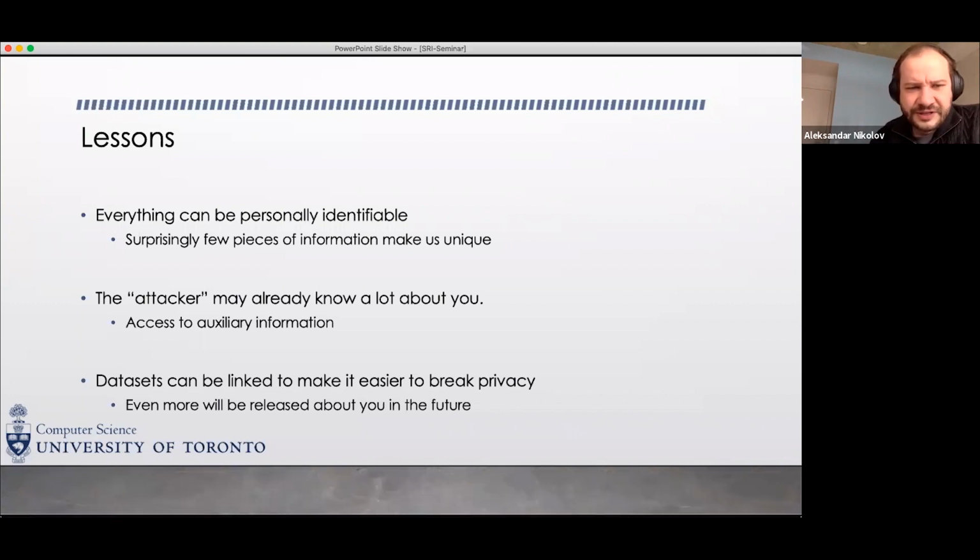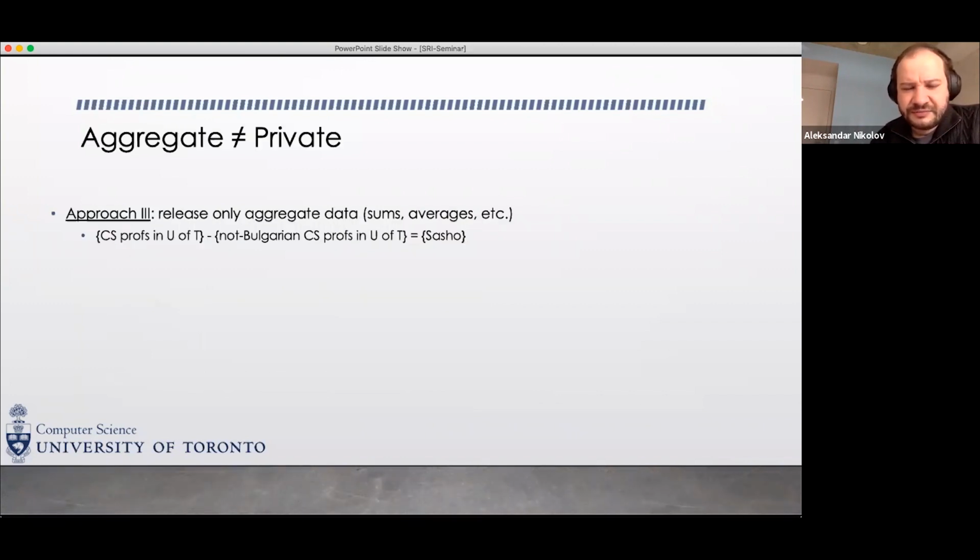Okay, so now I'll shift gears a little bit and talk about something that's a bit closer to what I'll eventually talk about, which is differential privacy, which is a slightly different approach. So maybe one reaction to this taxi trip example is that what's problematic with it is that the data is too fine-grained.